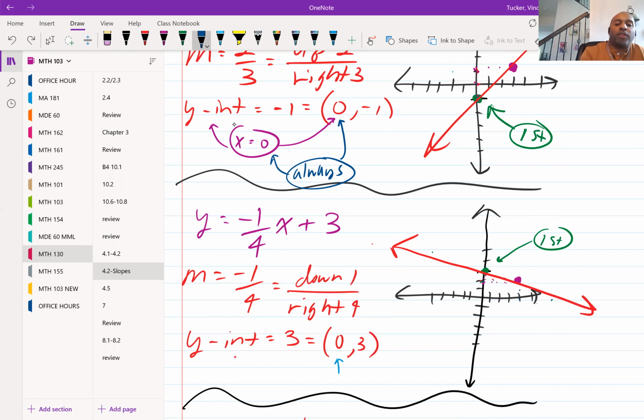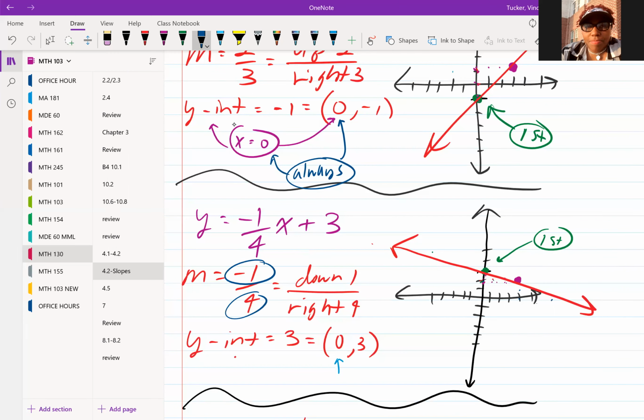So remember, both of them aren't negative. It's just one of the numbers that is negative. So the bottom one is going to follow the right move, because it's positive. We'll follow the positive move to the right. So that's going to be negative, down.